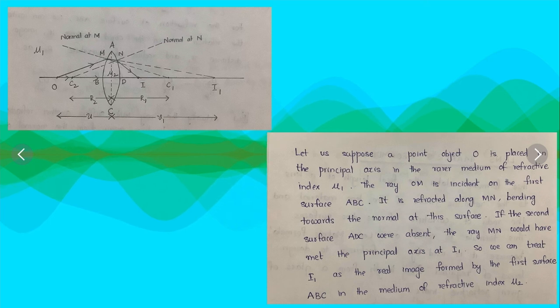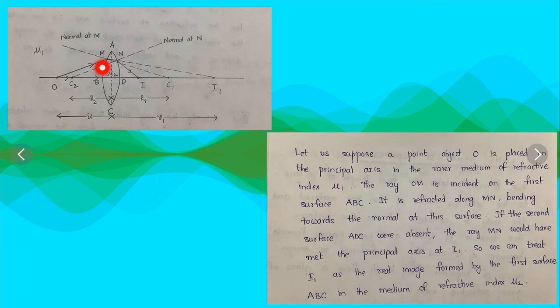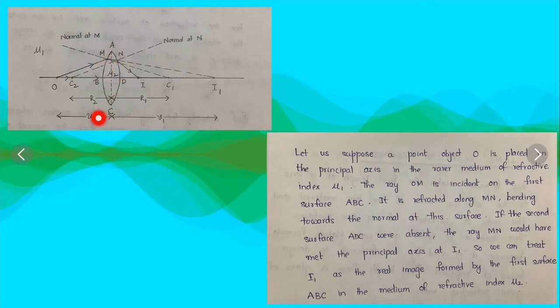So first we are considering a lens with refractive index mu2. O is the object. A ray from O goes straight to M. At M we have drawn a normal, that is MC1. Now the ray bends towards the normal. If the surface ADC were not there, this ray would have met the principal axis at I1.